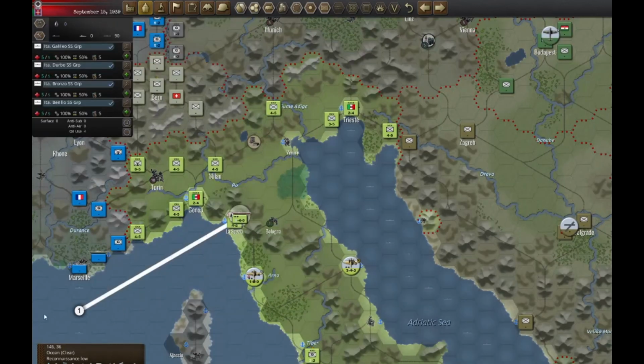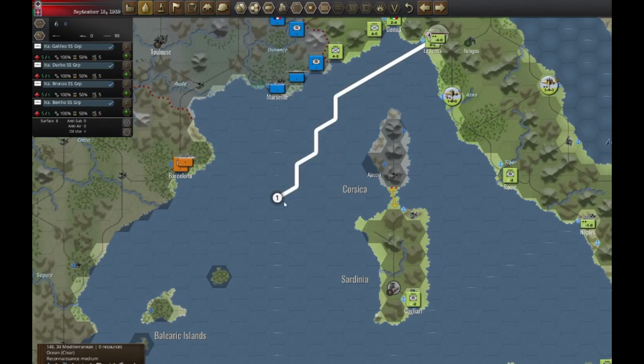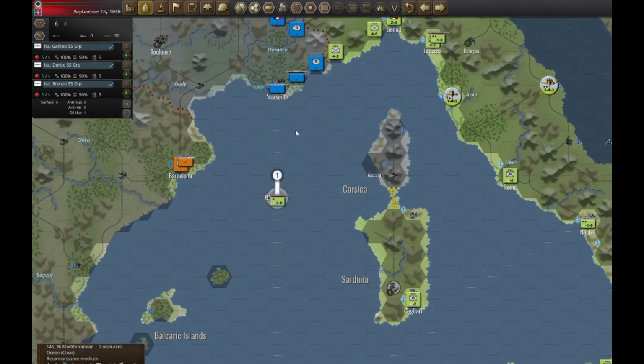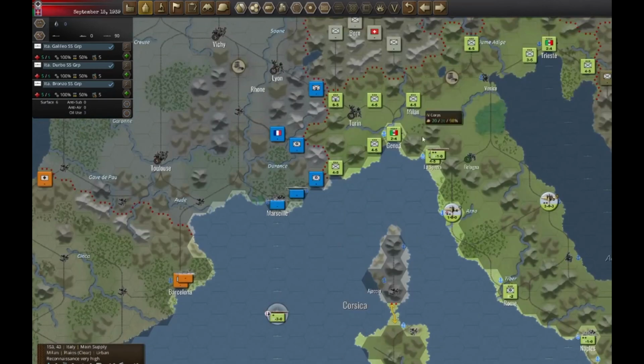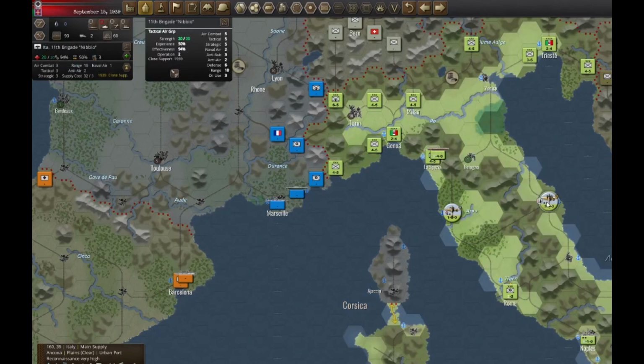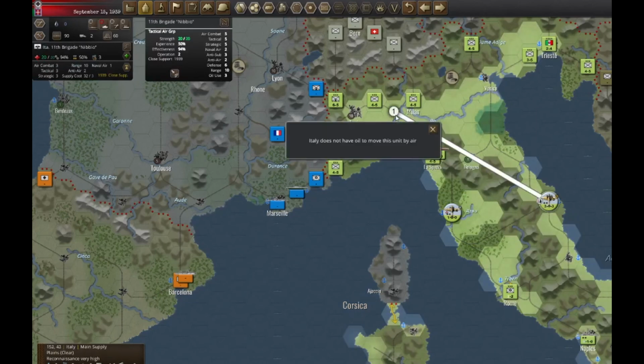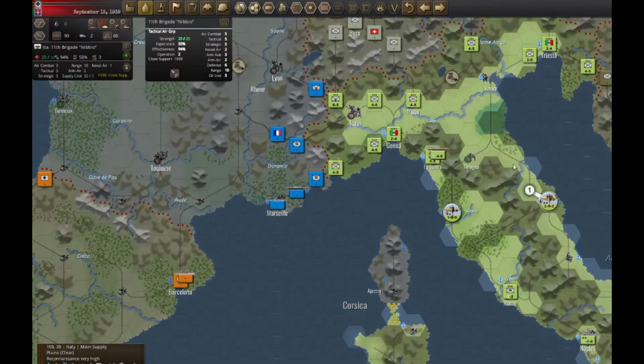If I go to try to move this out, this is not supposed to move out of port, but it does. I think this is a bug in version 8.1, so this is not supposed to leave port, but it does. But notice my error. If I go to try to move it, Italy doesn't have any oil to move for this particular turn. It can't actually move.